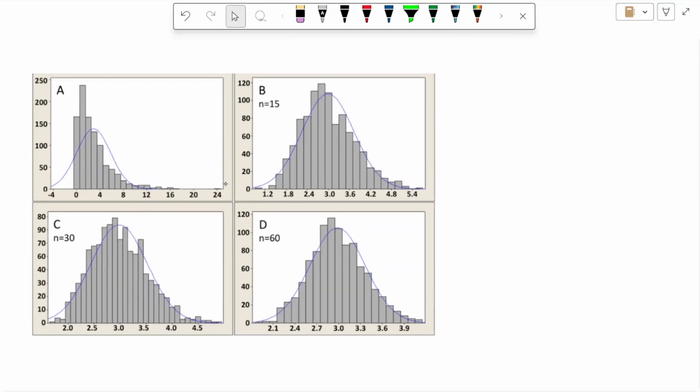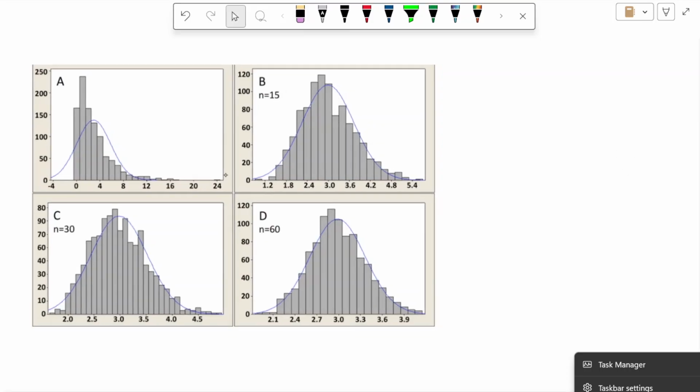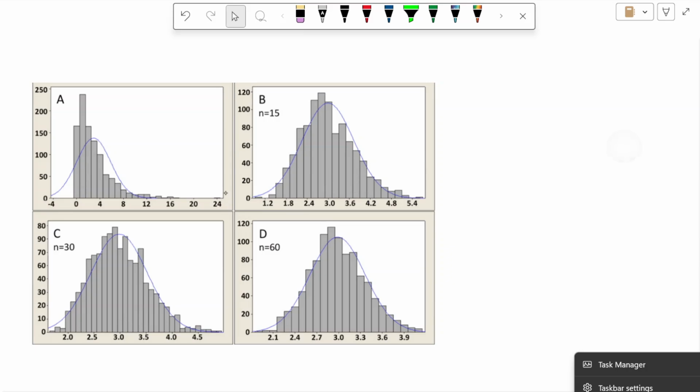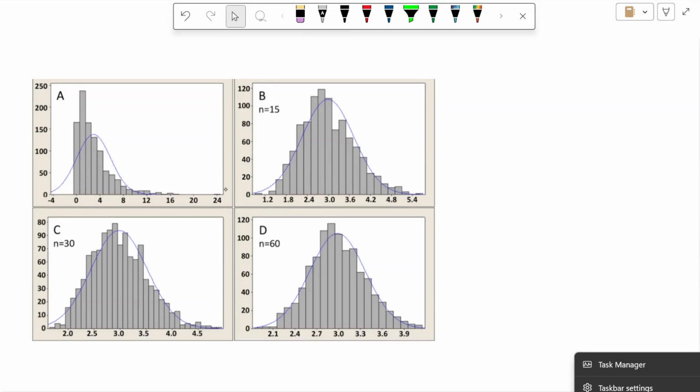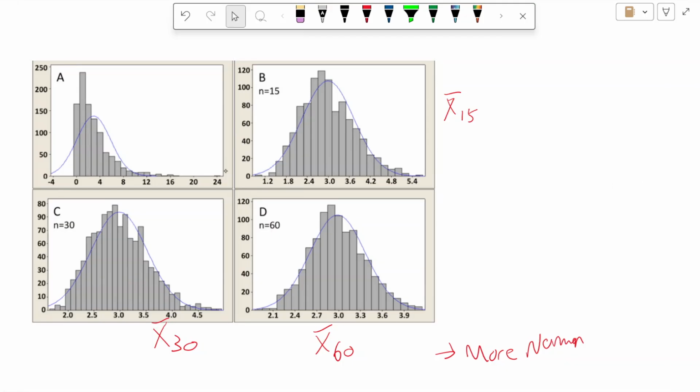Okay, this is another example. So this distribution, we would call it positively skewed because it's being stretched out positively, not normal at all. But if we start looking at some sampling distributions, so this I would call X bar 15, X bar 30, and X bar 60, we can see that it just gets more normal, more and more normal, the higher that number is.